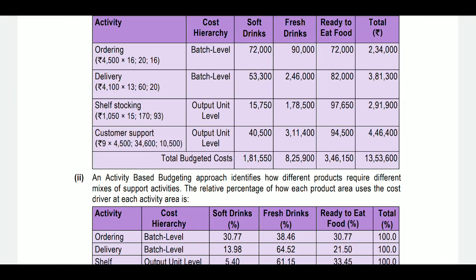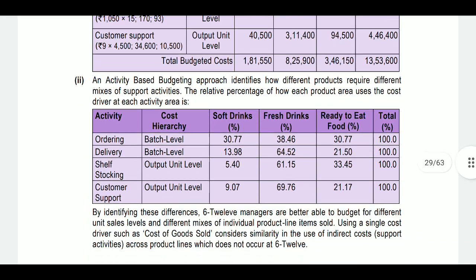For that we have taken the totals: 72,000 divided by 2,34,000, 90,000 divided by 2,34,000, and 72,000 divided by 2,34,000, it will be 30.77, and 53,300 divided by 3,81,300. Total amounts divided by total, we will get the percentage, no issues.